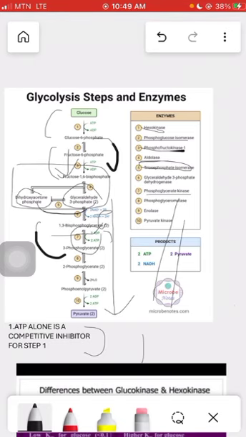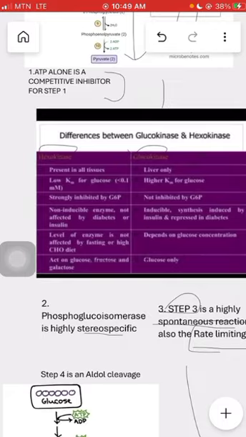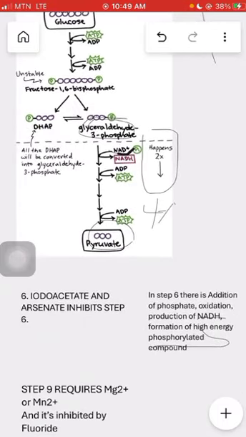Let me go back and talk about step 6. This step 6 is being inhibited by two molecules, one called iodoacetate and the other one called arsenate. So iodoacetate and arsenate inhibit step 6. Put that in mind.